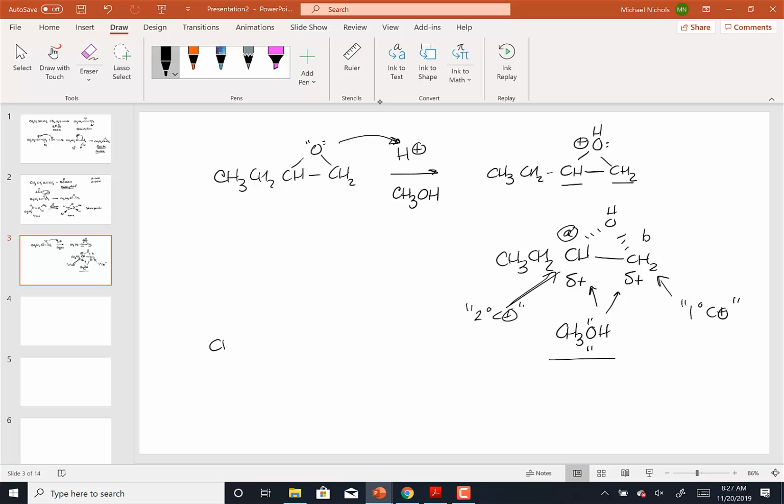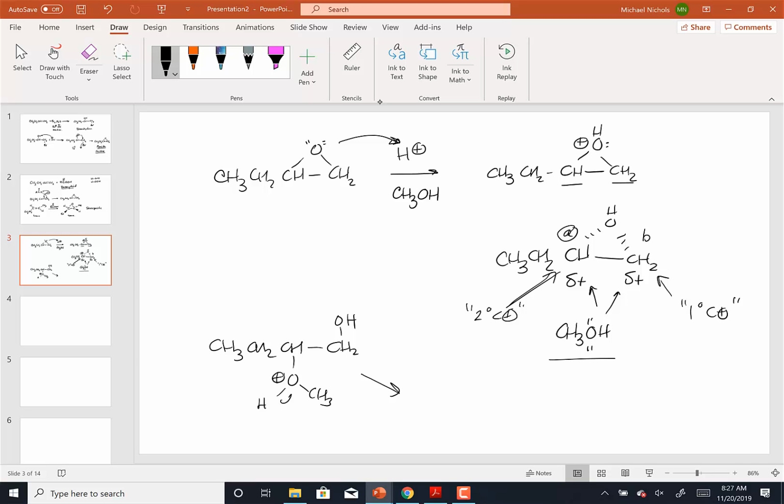So in terms of our product, we're going to have the O, the CH3 with the H with the plus charge. Then we're going to have the CH2 with now the OH up there. And so what happens?